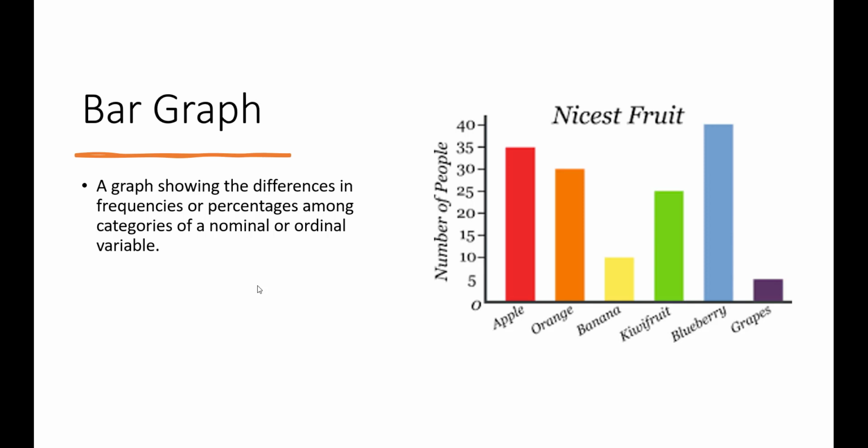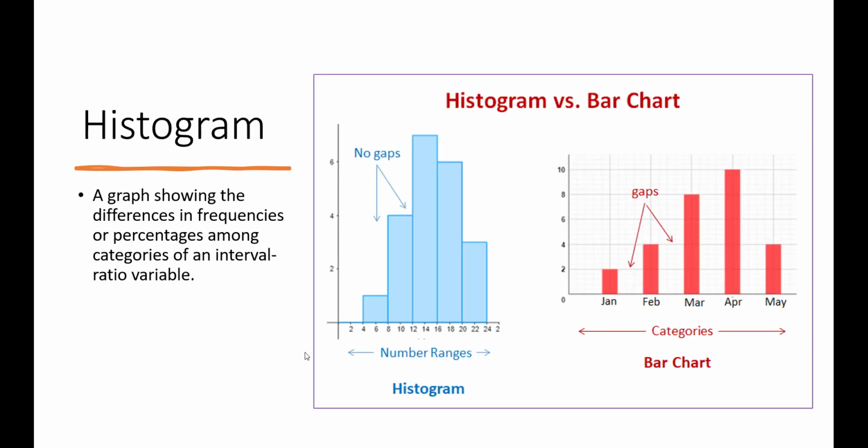If we want to look at interval ratio level data, then we're going to have to use what is called a histogram. And so a histogram looks at ranges. So again, if we're talking about number of children or income or anything like that that is interval ratio, we're going to be looking at ranges.